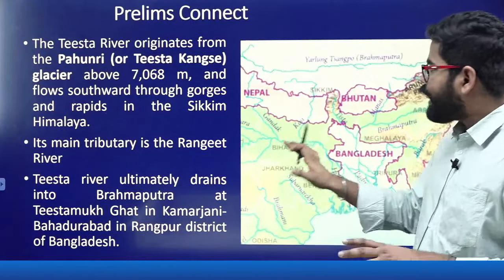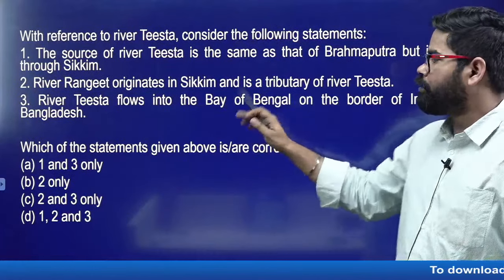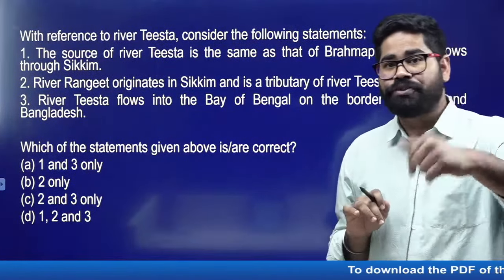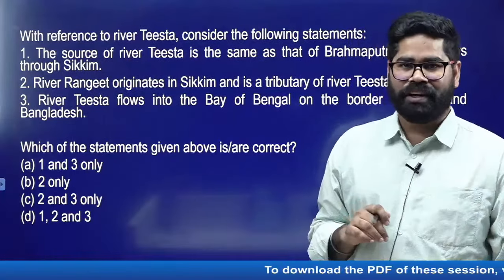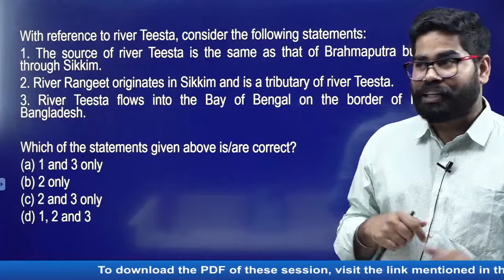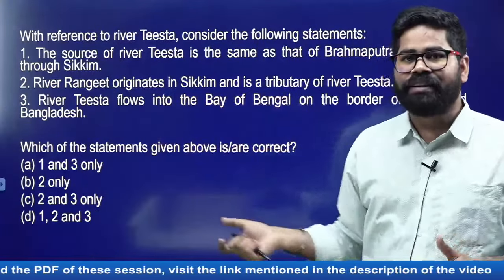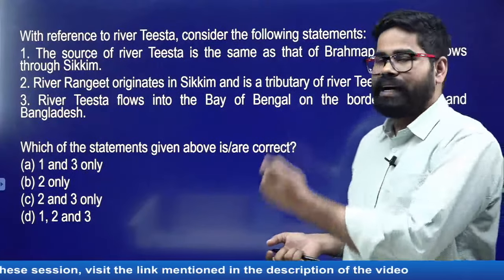So it is not directly draining, like here it is saying it flows into the Bay of Bengal on the border of India and Bangladesh. No, it is joining the river Brahmaputra. And then Brahmaputra drains into the Bay of Bengal. So it is not reaching to that extent. Rather, it joins the river Brahmaputra a little bit earlier itself.